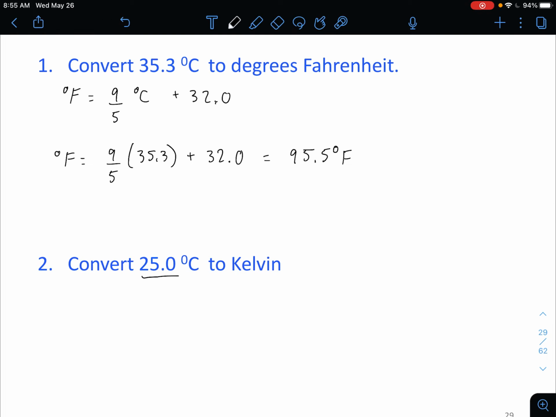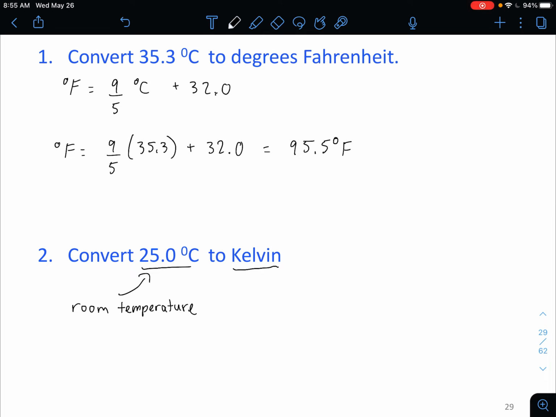The next one, we've got 25 degrees Celsius, and we're just trying to change it into Kelvin. 25 Celsius is a pretty common temperature that we see in chemistry. That's like 78 Fahrenheit, more or less, so kind of warm, but that's what we call room temperature for the sake of chemistry a lot of the time. Well, Kelvin to Celsius is pretty straightforward, right? Kelvin is just the Celsius temperature plus 273.15.